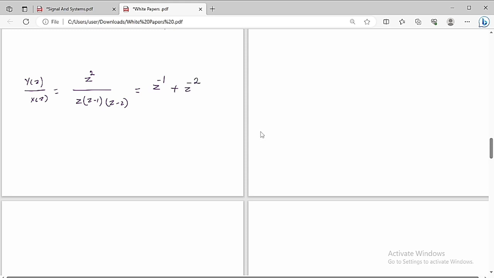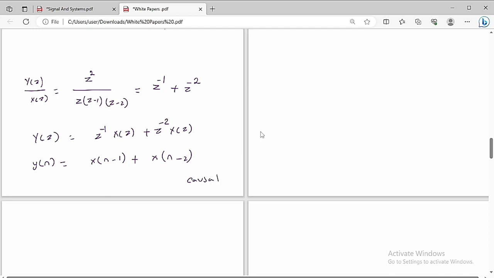If you multiply, you get z to the power of minus 1 into X(z), z to the power of minus 2 into X(z). If you apply the inverse transform, we get y(n) is equal to x(n minus 1) plus x(n minus 2). So you can see the output is depending on the past values of the input, but not on the future values of the input. So the given system is said to be a causal system.